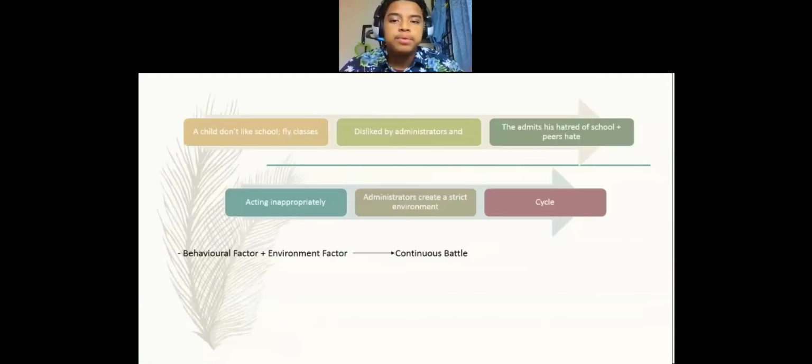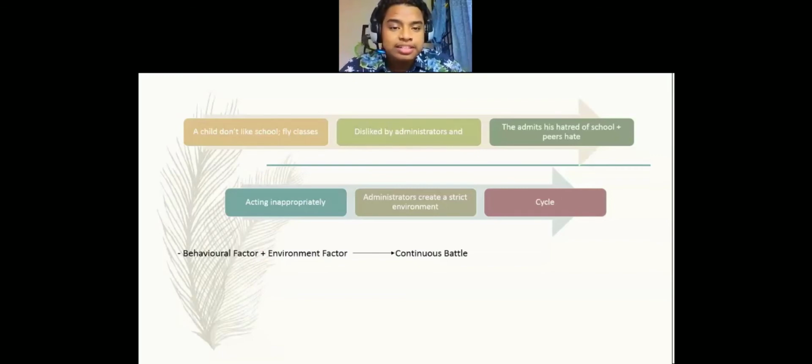Okay, for example, we have a case here. Let's say a child, boy or girl, I want you to imagine it. A child doesn't like to go to school. He or she skips classes. This action was noticed by the administrators, and guess what?